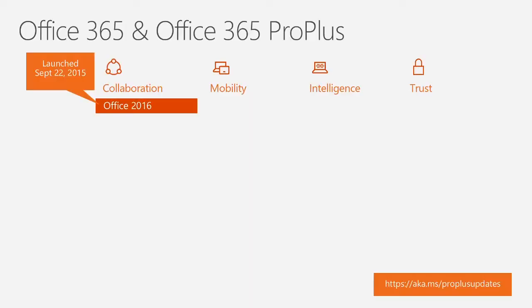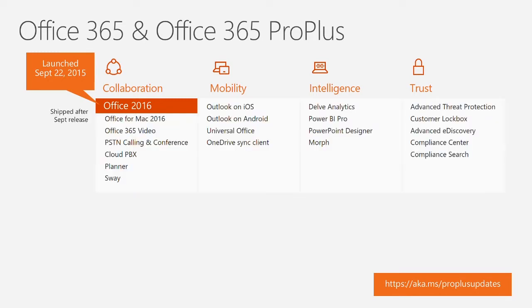So what is Office 365 Pro Plus, and what is the value of Pro Plus over the MSI product? If you see here, we released in September of 2015 our core Office Pro Plus, or 2016 Pro Plus version. What we've done since then is you see all the feature sets.